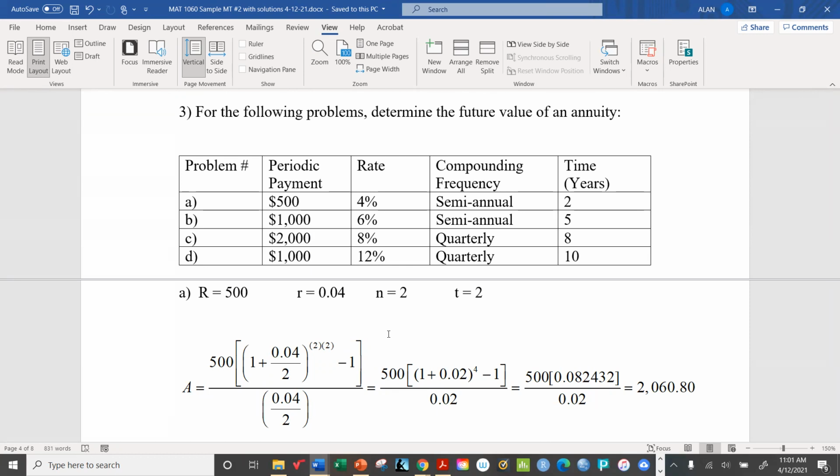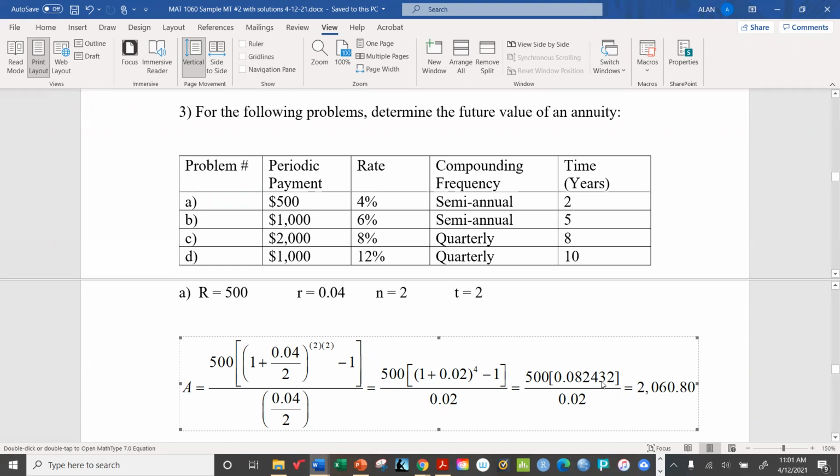Now, the plugging in itself is a bit of a challenge because there are so many moving pieces here. But you can reduce this a little bit in complexity, and you might want to do that because this could really become quite a mess if you're not careful. If you notice what I've done here, this piece in the brackets is 1.02 raised to the 4th minus 1, which you can see over here is approximately equal to 0.082432.